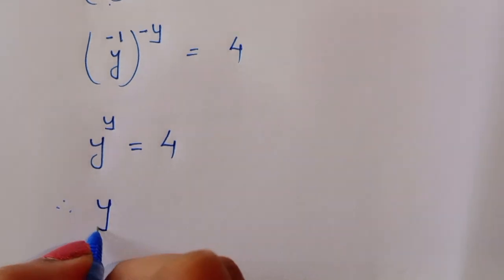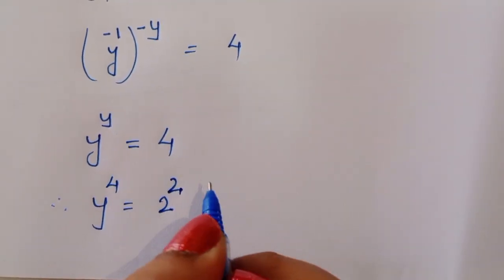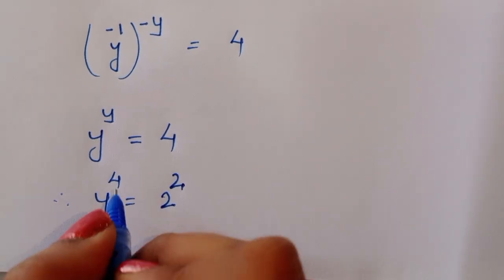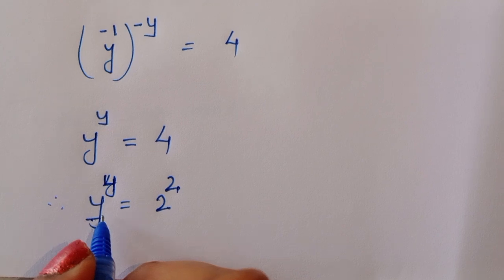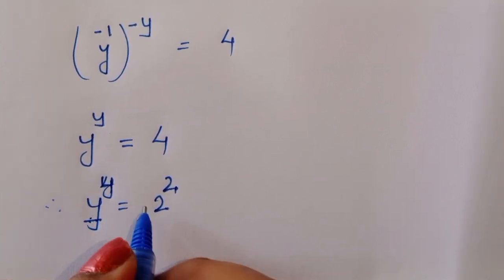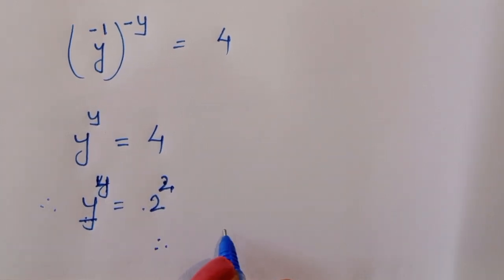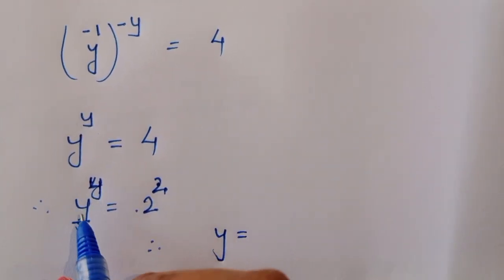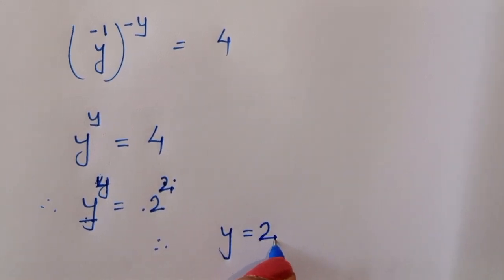Therefore y power y is equal to, we can write, the square of 2. Now the base is the same, y power y is equal to 2 power 2, so comparing base and exponent, we get y is equal to 2.